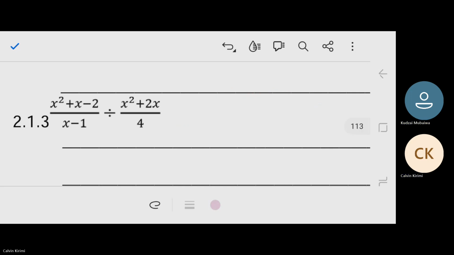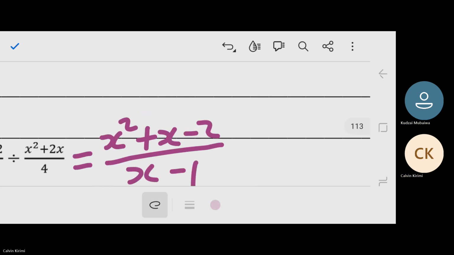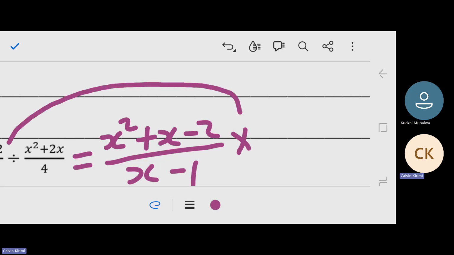Where there's division, it will change to times. But when you change to times, you must make the numerator become the denominator and the denominator becomes the numerator. So now the numerator is 4 over x squared plus 2x.